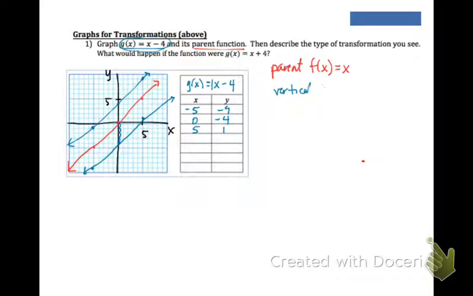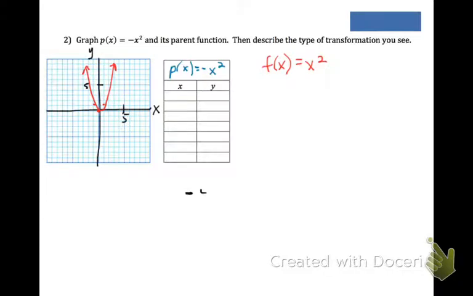Let's see if I can write that. This is a vertical translation down. And I'm talking about the function that we graphed, g of x equals x minus 4.